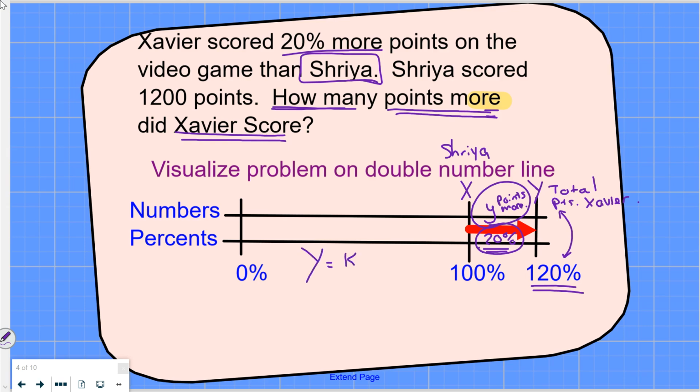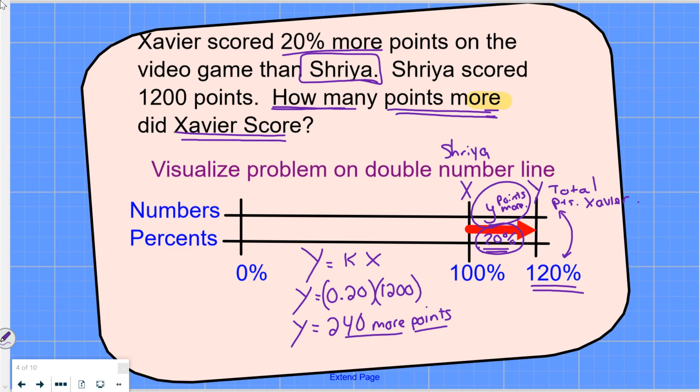So let's do this calculation. Now, I'm looking for y. Instead of a k of 120%, I'm going to use 20% of Shreya's total points. And when I do this, I find out that Xavier scored 240 more points.